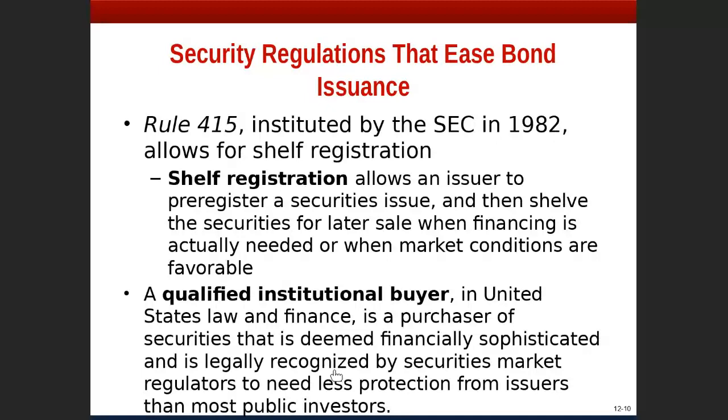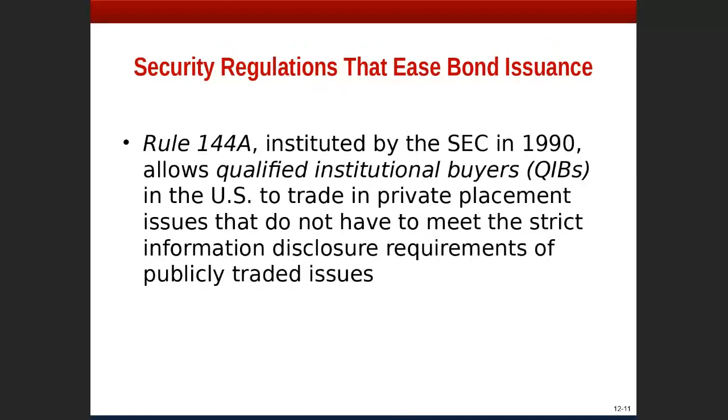Now, why is this important? Well, Rule 144A, instituted by the Securities and Exchange Commission in 1990, allows qualified institutional buyers in the US to trade in private placement issues that do not have to meet the strict information disclosure requirements of public issues.